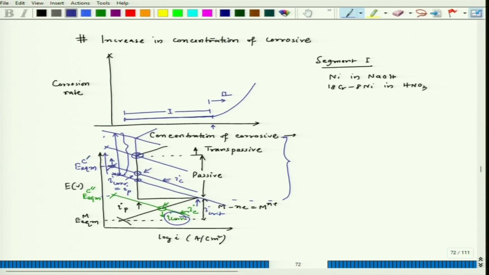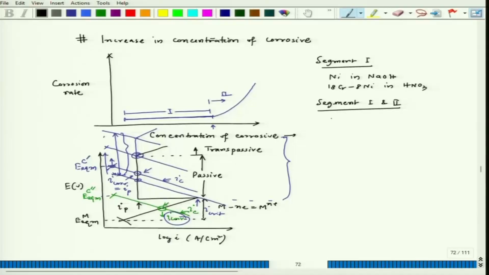Now, in some cases it can follow both 1 and 2, and this happens when the material shows a low corrosion rate because of some surface film formation at a lower concentration of the corrosive, but at a higher concentration of corrosive, that film can be soluble.